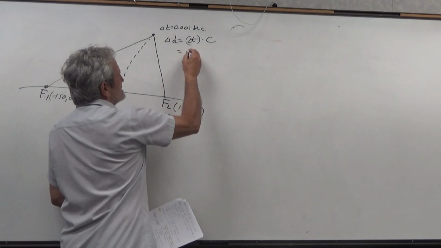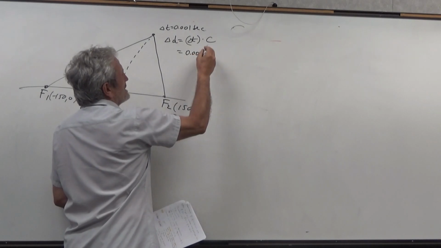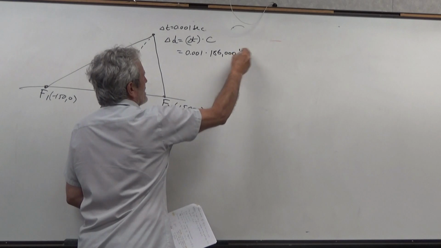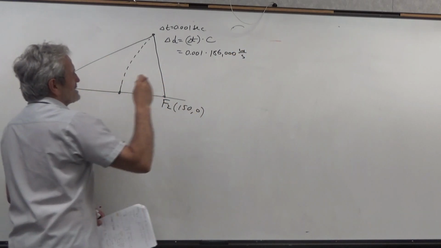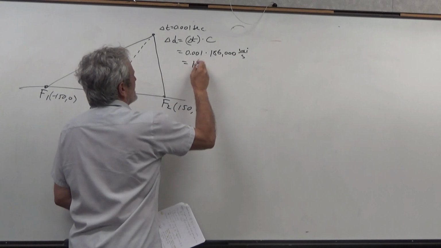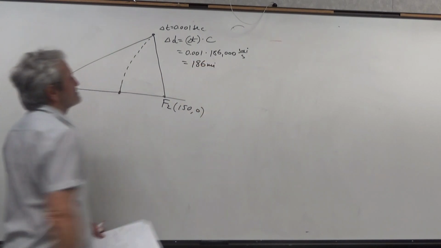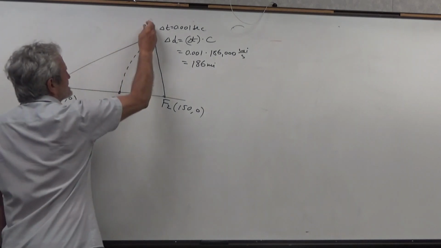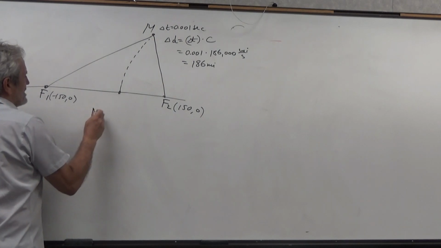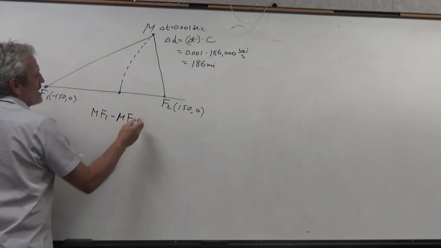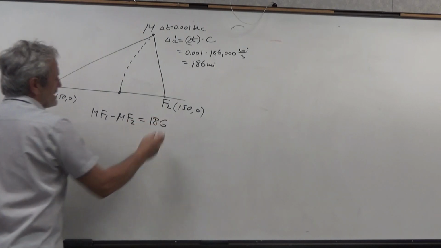So that would be 0.001 times 186,000 miles per second, which gives us 186 miles. If it keeps the time difference, it will also keep the distance difference, so that MF1 minus MF2 will be all the time 186.